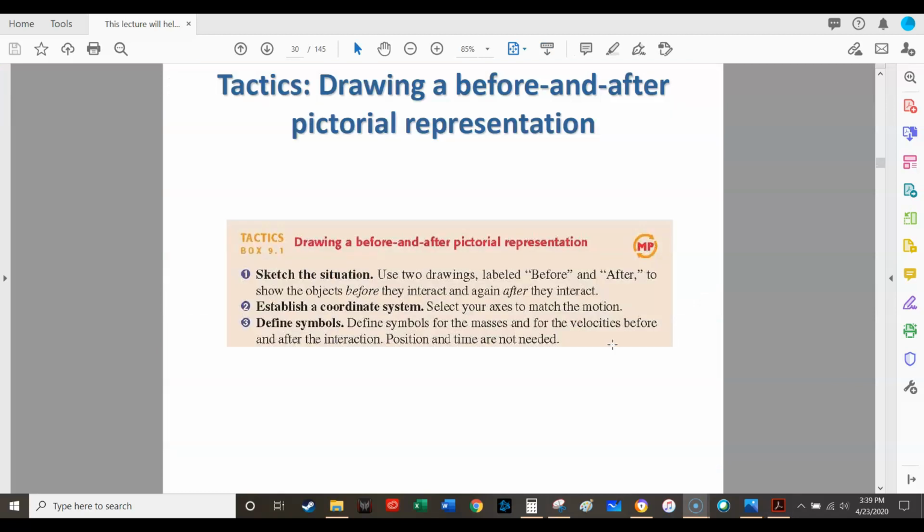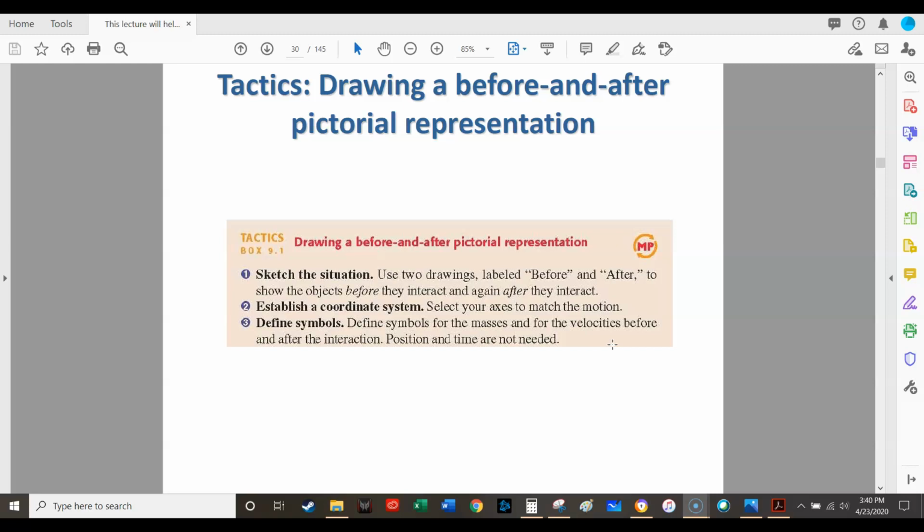Well, now I want to move on to the overall tactics and how you should approach these problems, right? So whenever you read a prompt or a multiple choice question or a problem, try to go ahead and sketch the situation, right? And as you're sketching the situation, you should be putting in a coordinate system of some type, right?